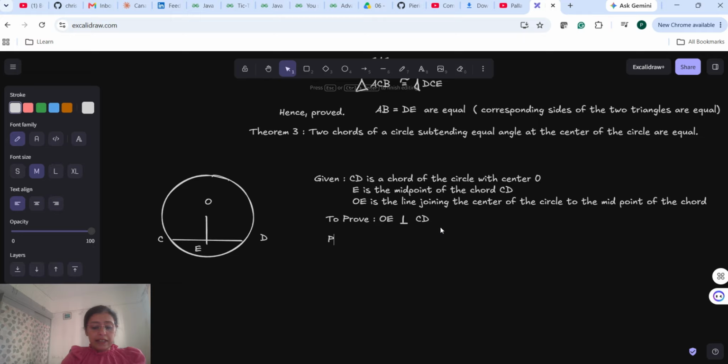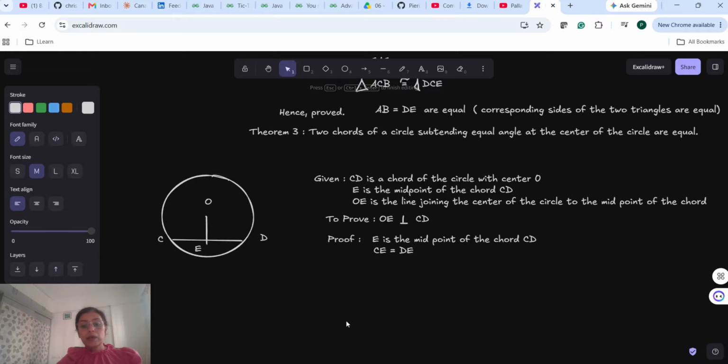So let's start with the proof. Now we have been given CD is a chord of the circle with center O. E is the midpoint of the chord CD. So what this means is CE will be equal to DE, right?